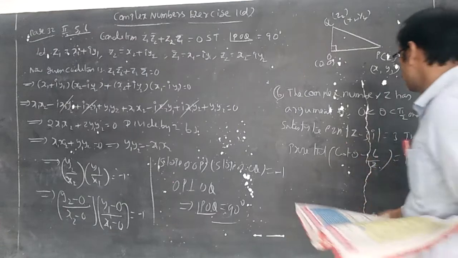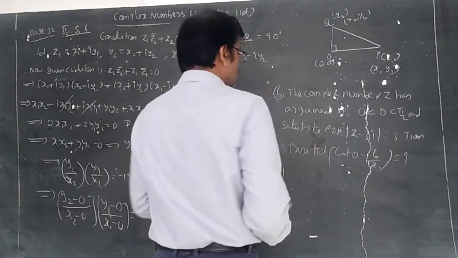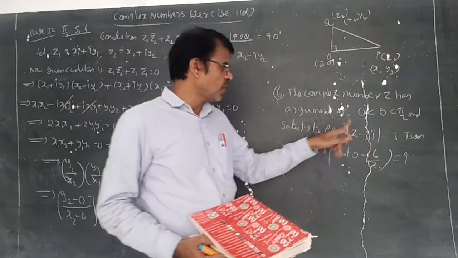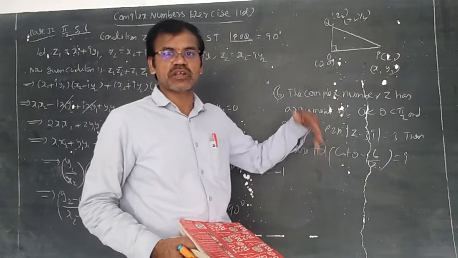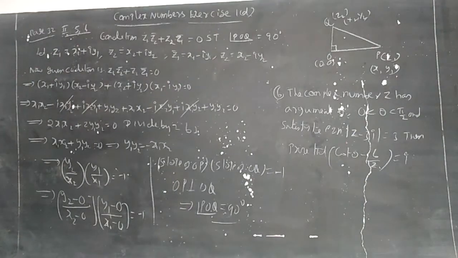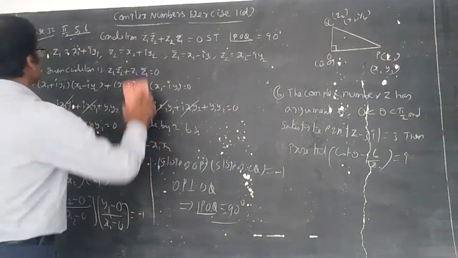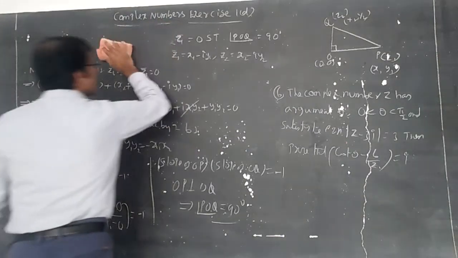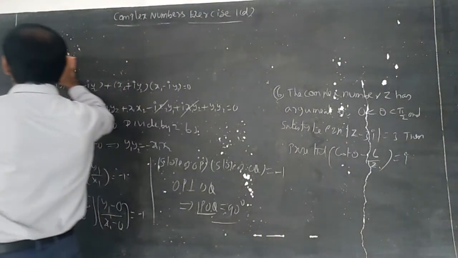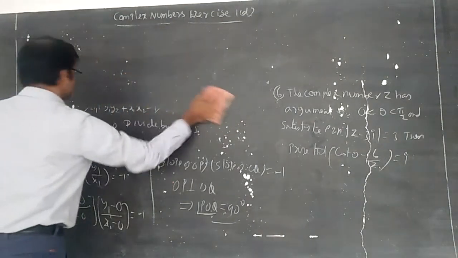He has given the argument satisfying this complex number. So we have to convert the complex number into modulus amplitude form. So we have to consider z is equal to x plus iy in the form of r cos theta plus i sin theta.